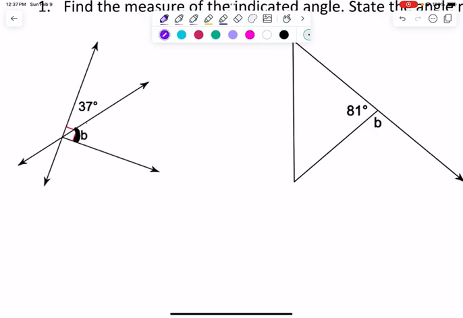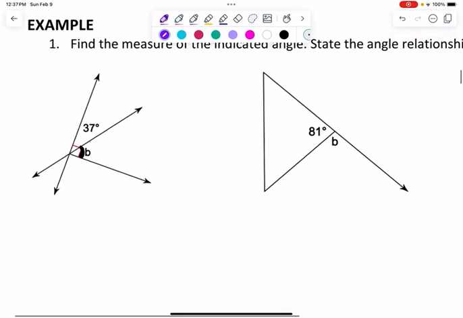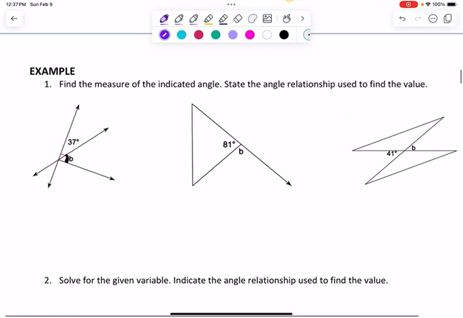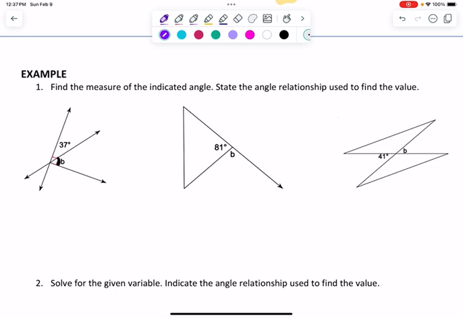When I figure out what b is, I also want to indicate how I figured that out. So I want to list or state the angle relationship. So my options are complementary, supplementary, vertically opposite, or angles in a triangle. So I'd like you to take a moment, try these examples on your own, see if you can figure them out, and then we'll go through it together.